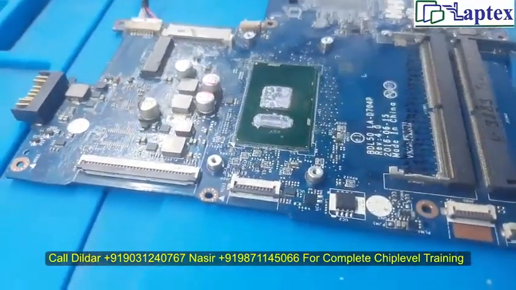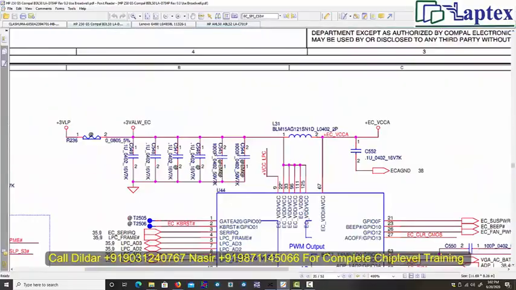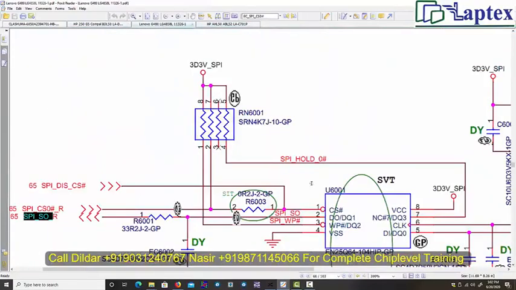So here, in the diagram, I would like to show you that this is the data output, pin number 2.